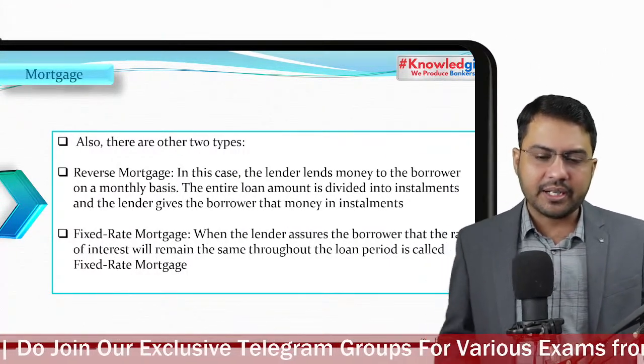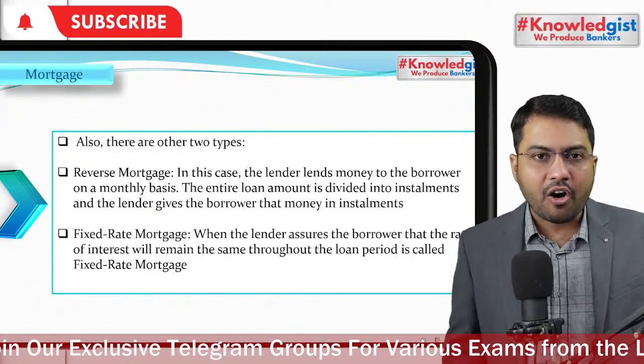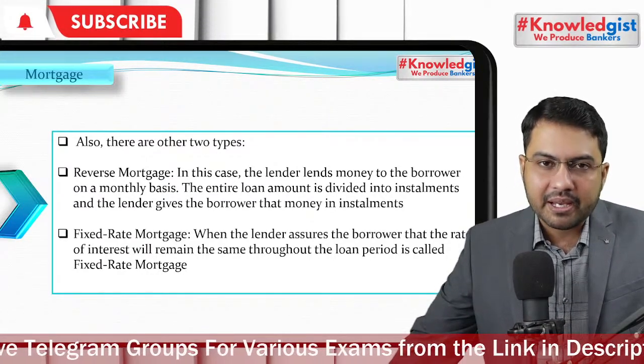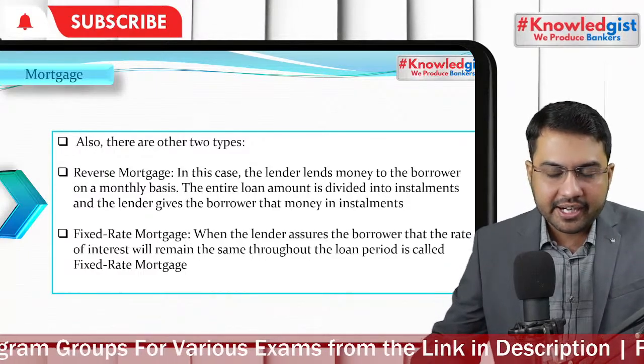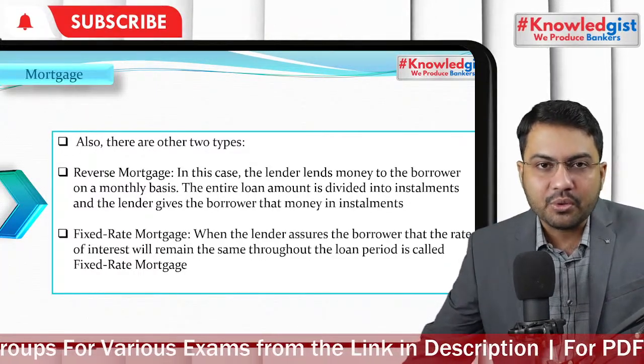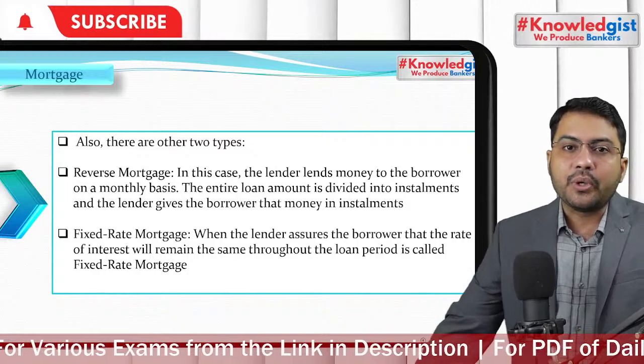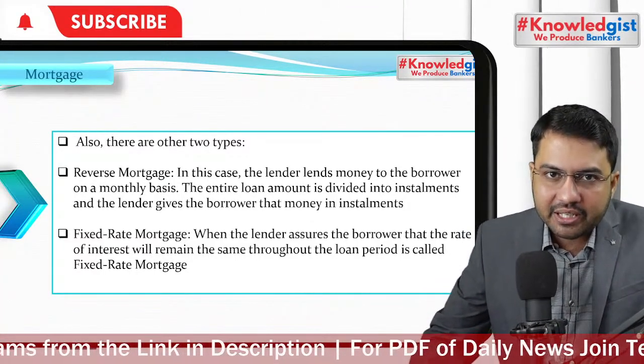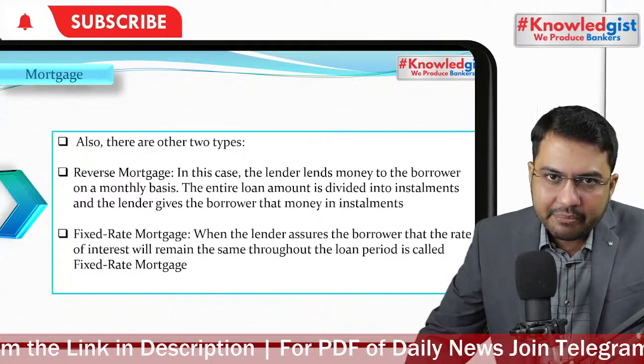Reverse mortgage is for when you need an earning from your property and you don't want to sell it because maybe your children will require it in the future. Then you will do a reverse mortgage. Without taking a loan, you will give the mortgage to the bank, and the bank will give you an income every month.